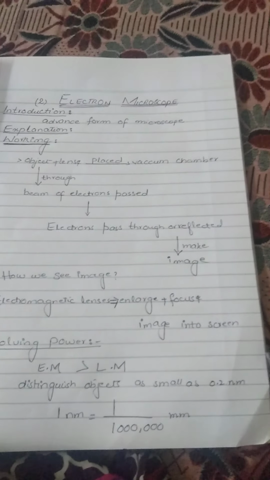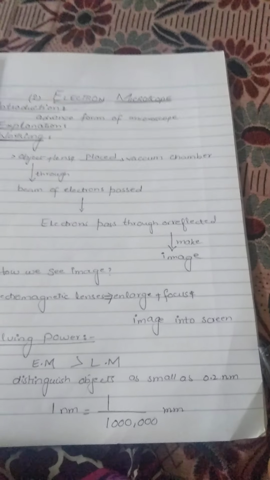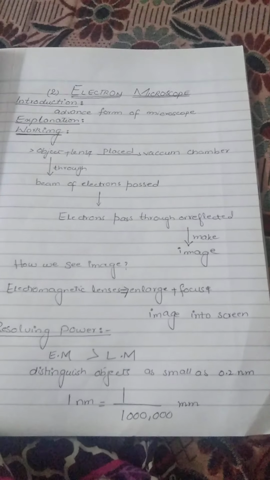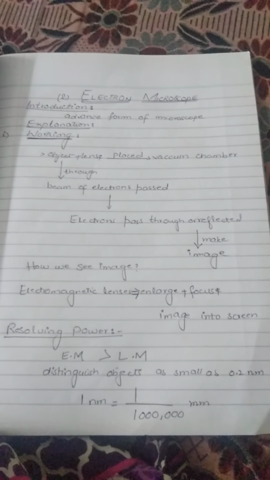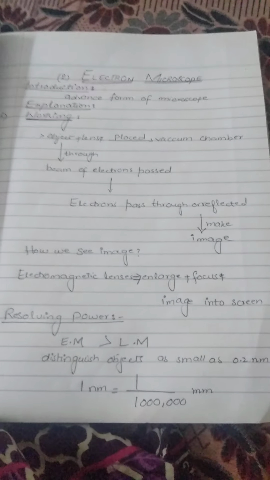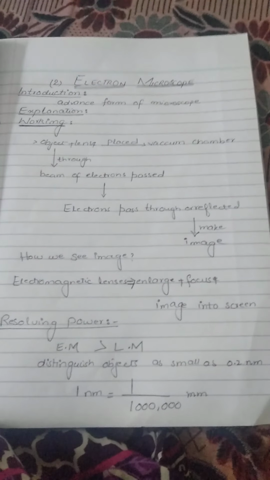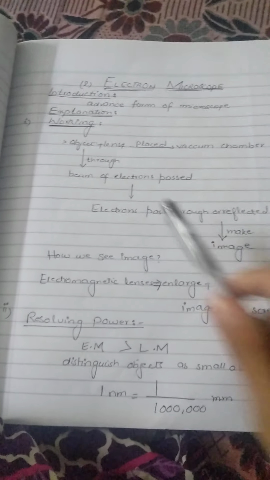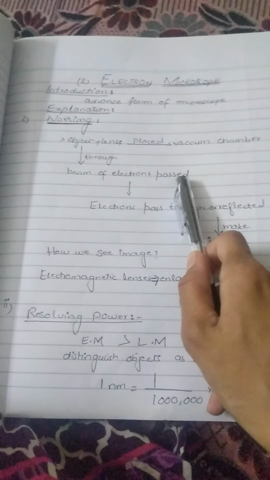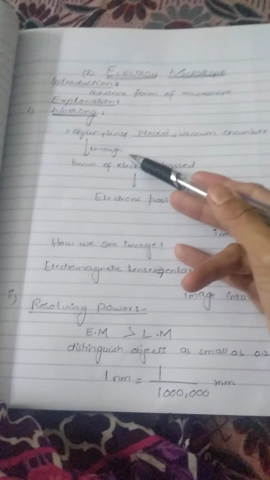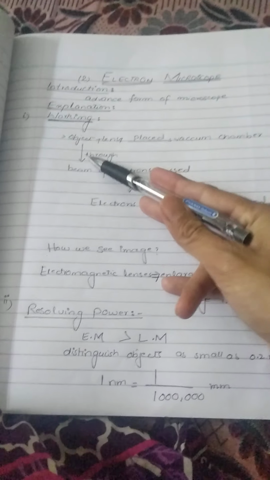Object and lens are placed in a vacuum chamber, and a beam of electrons is passed through the object.